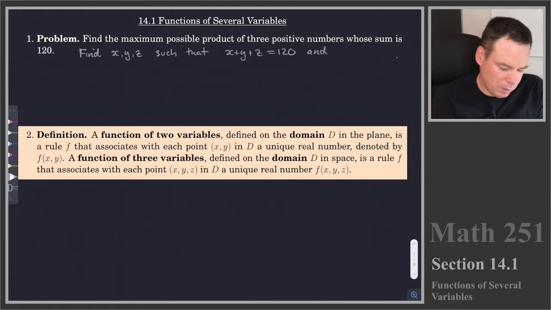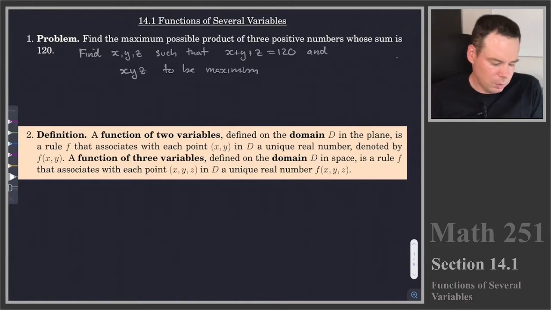We want the product x y z to be a maximum. So we want to find three numbers whose sum is 120 and whose product is a maximum.